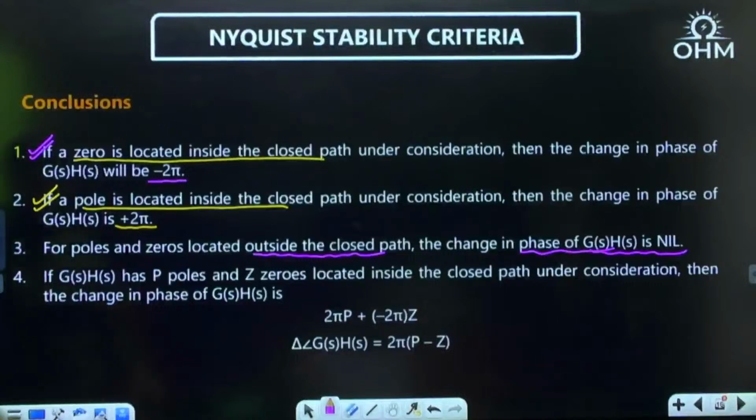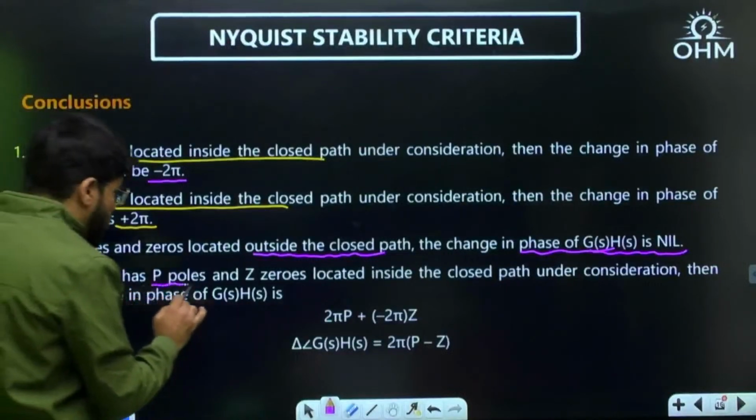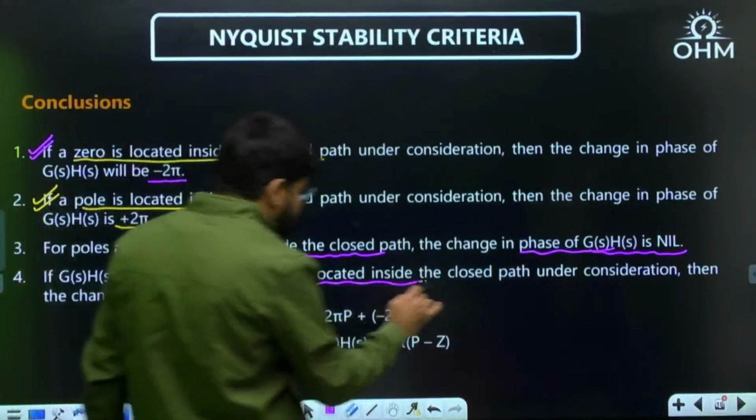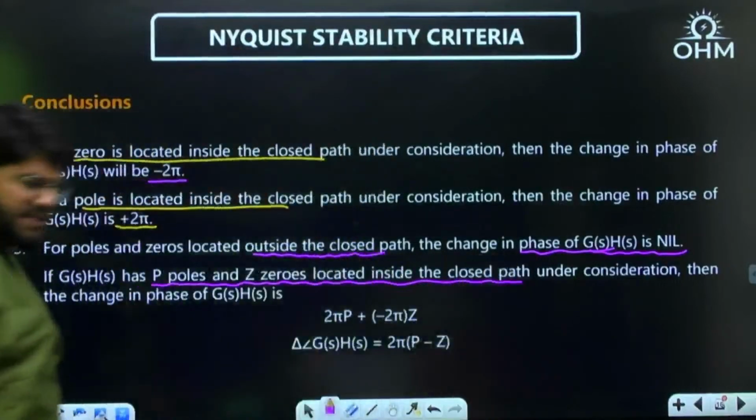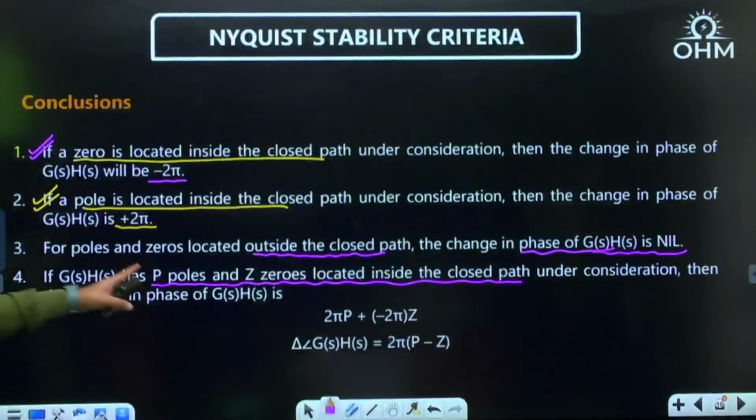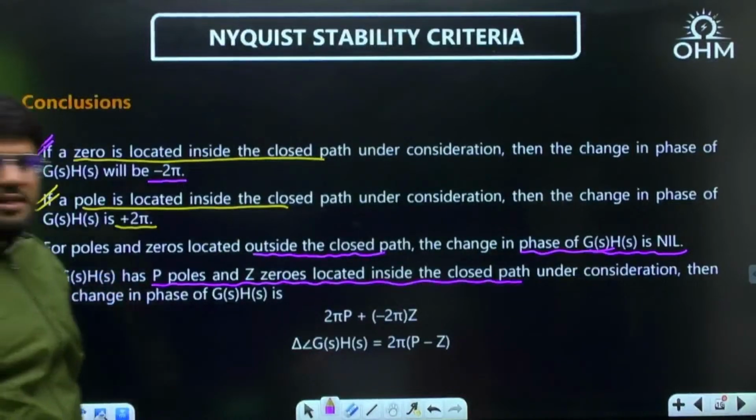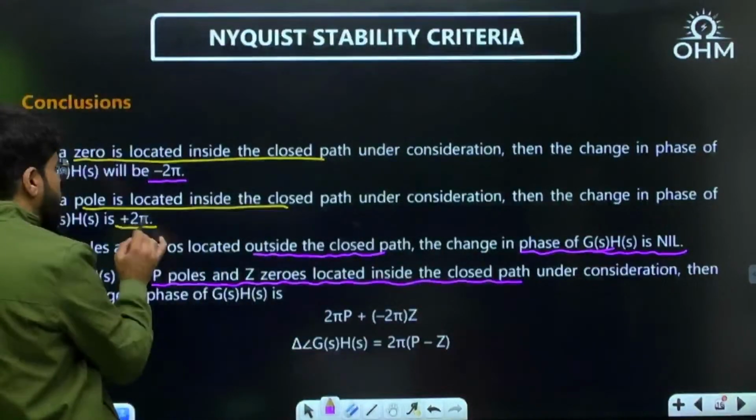That means if G(s)H(s) has p poles and z zeros inside the closed path, then what is the change in phase of G(s)H(s)? Okay, for every pole inside the closed path plus 2 pi.